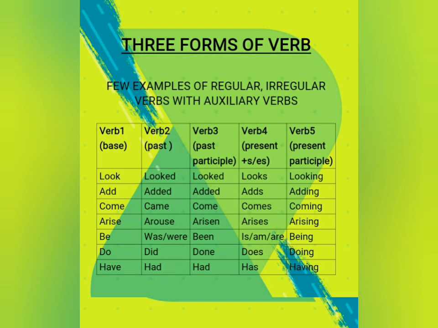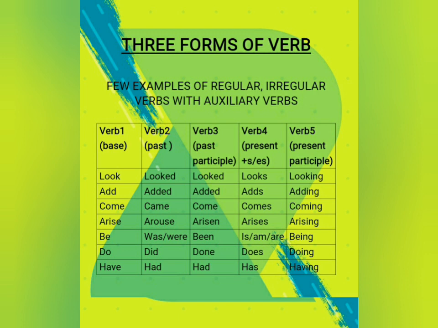Here you can learn how to change auxiliary verbs in different forms. Let's start with the example of regular verbs. Look, looked, looked, looks, looking. Here looks and looking are verb 4 that is present and verb 5 that is present participle. We can also call present participle continuous form.